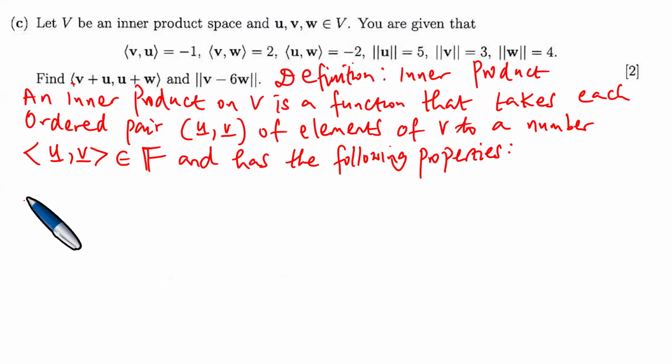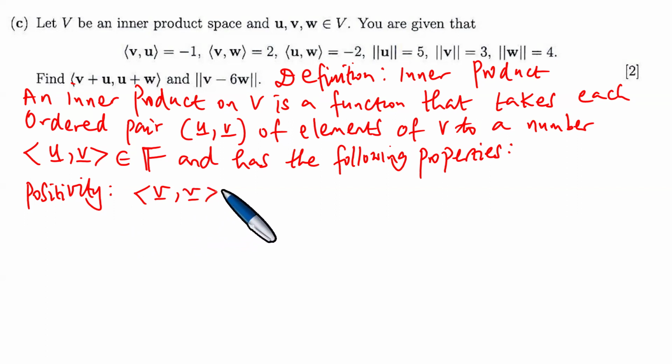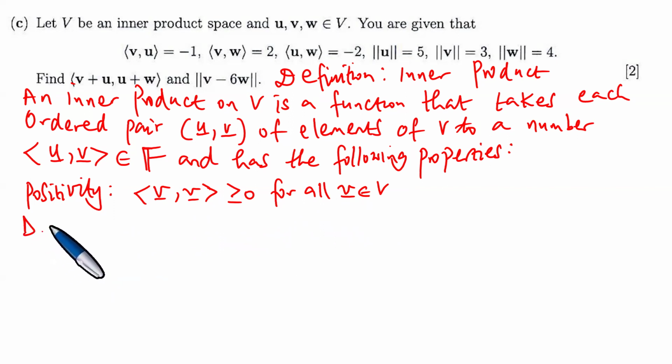There's something we call positivity. Positivity means that the inner product of a vector with itself is always greater or equal to 0, for all v in the inner product space. Then there's the definiteness.